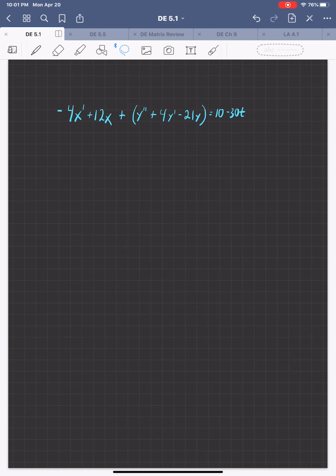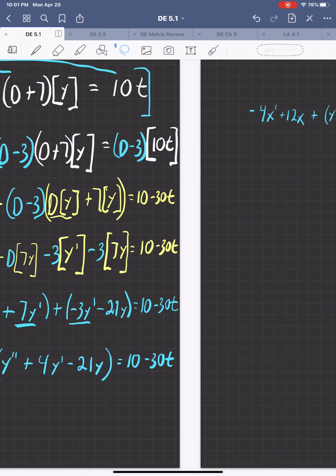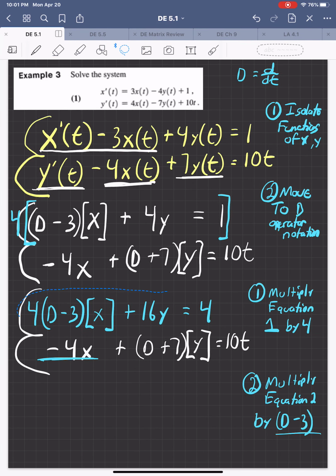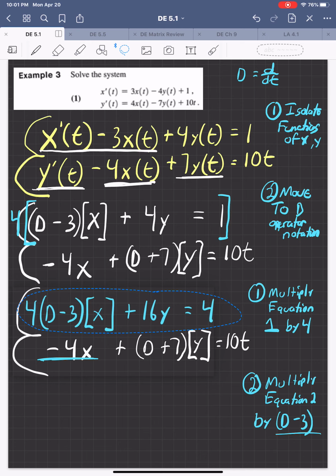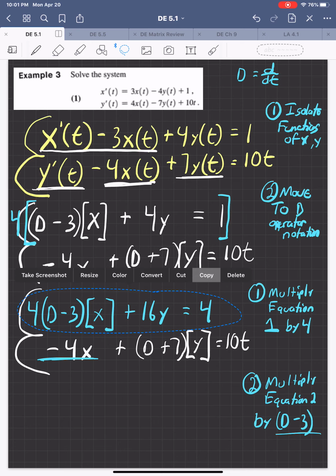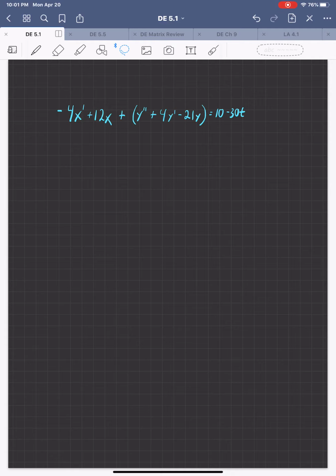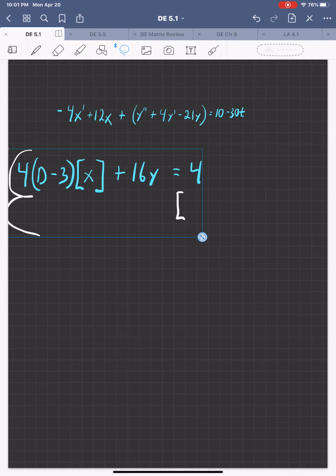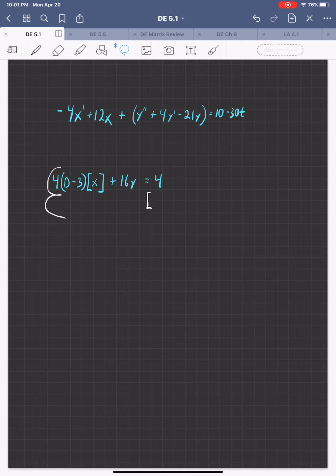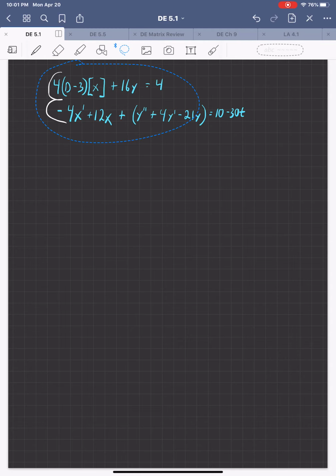All right, and let me go back and I'll grab that first equation as well. Copy. And then I'll have to erase some things here. All right, so can we get back to differential operator form?